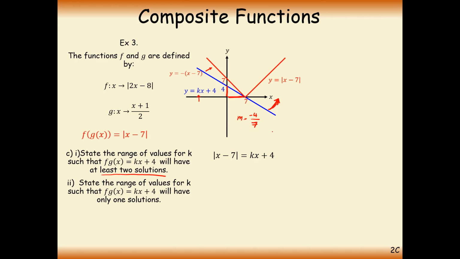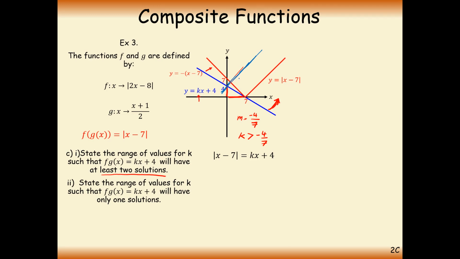Now, what we are saying is that as long as k is larger than this value of negative 4 over 7, we will have two intersection points. But do we? What if the blue line, let me draw it in blue, rotated from this point all the way to the point where its gradient is 1.